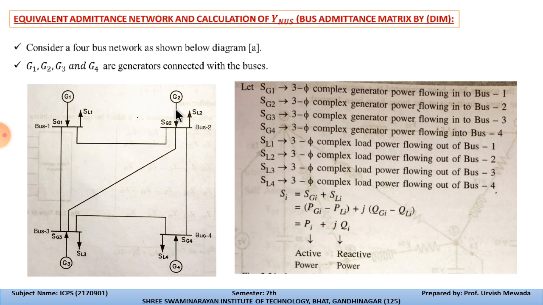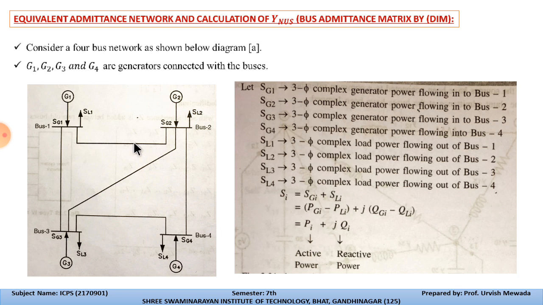G1, G2, G3 and G4 are the generators of the respective buses. So this is bus number 1. This is G2, that's why this is bus number 2. Similarly G3 is bus number 3 and G4 is bus number 4.